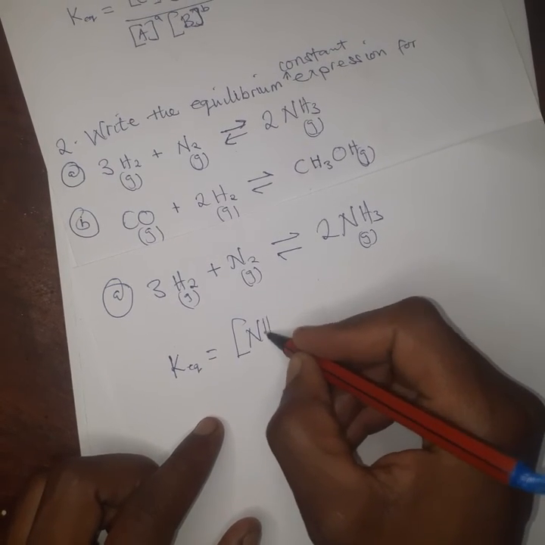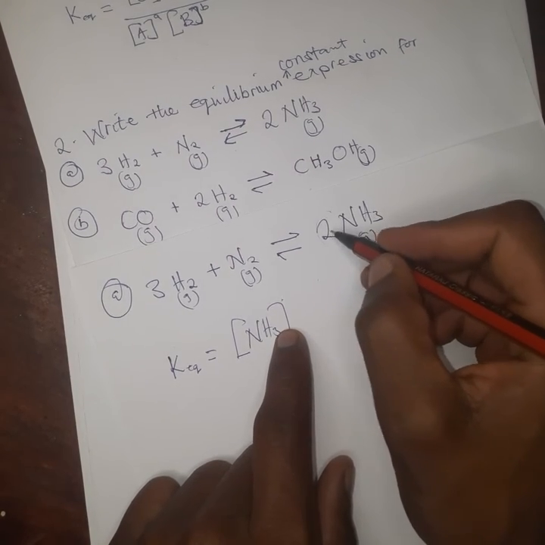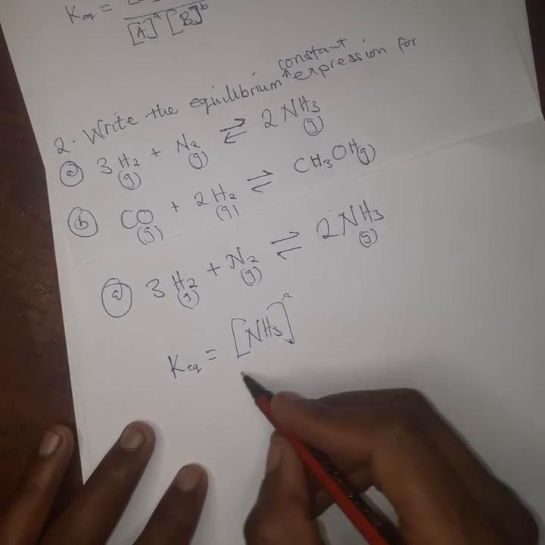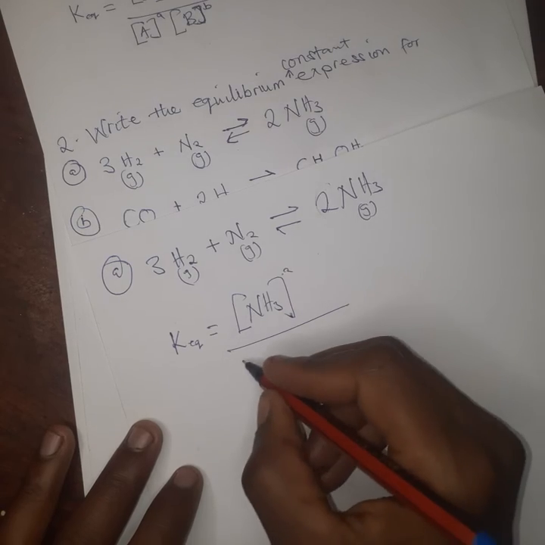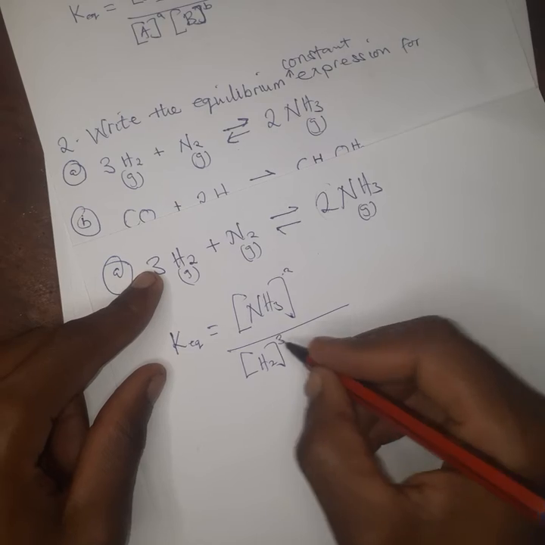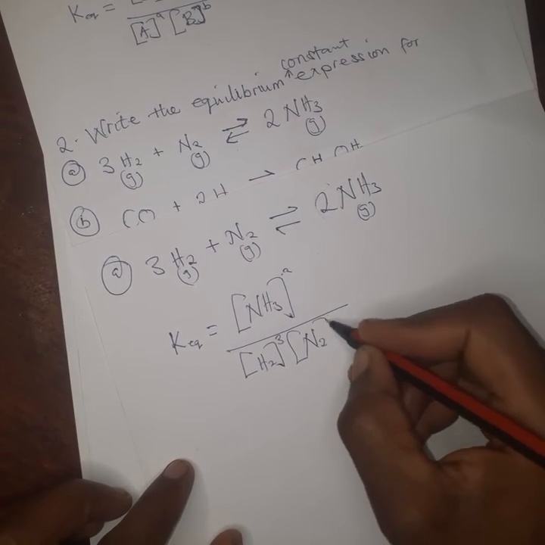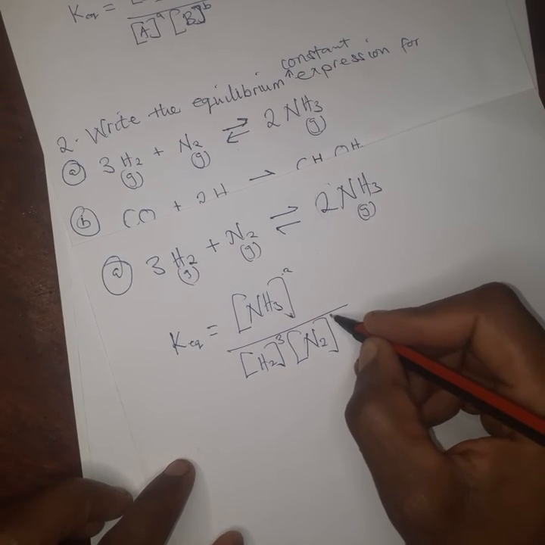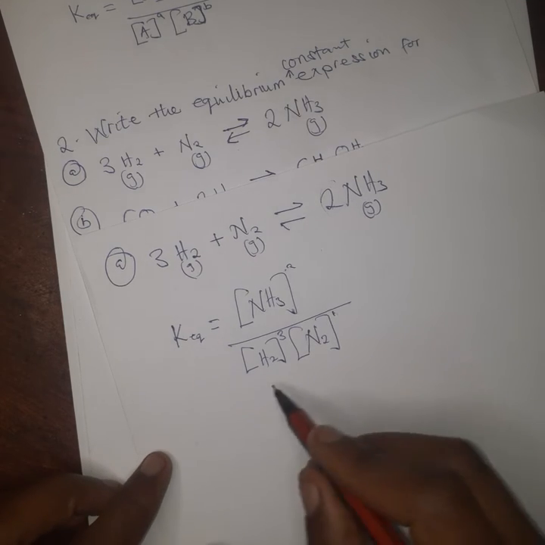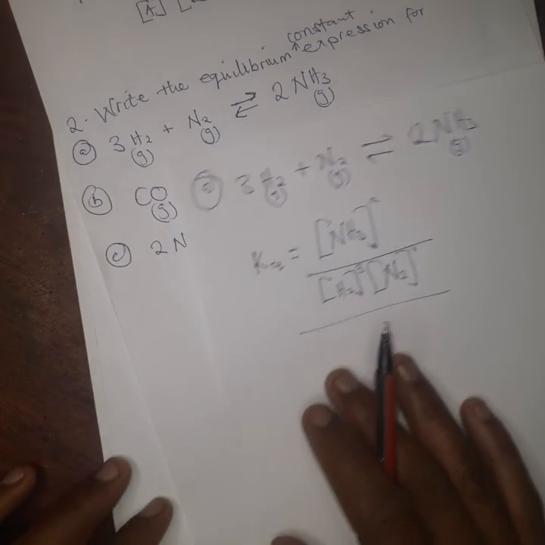So [NH3] to the power, on top put the coefficient of this compound, which is 2 in this case, over the square bracket, we have hydrogen gas to the power of the coefficient which is 3, multiplied by nitrogen gas to the power 1. If you want, you don't even have to show the 1, you can just leave it like that. Okay, so this is the equilibrium constant expression for reaction A.